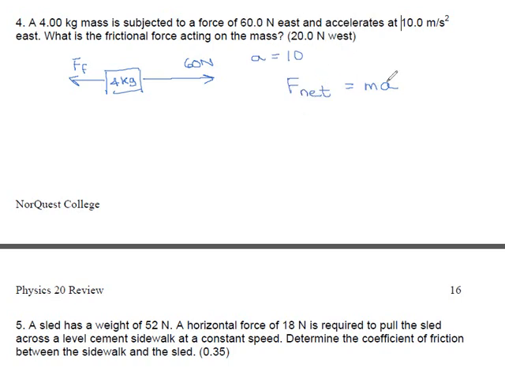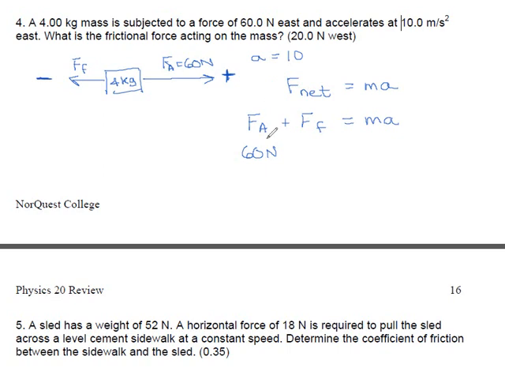So, F net equals ma is the standard form of Newton's second law. Our net force is made up of two: the applied force and the friction force. I'm going to say F applied plus F friction equals ma. The applied force is 60 newtons, and like we normally do in math, I'm going to say that to the right is the positive direction and to the left is the negative direction.